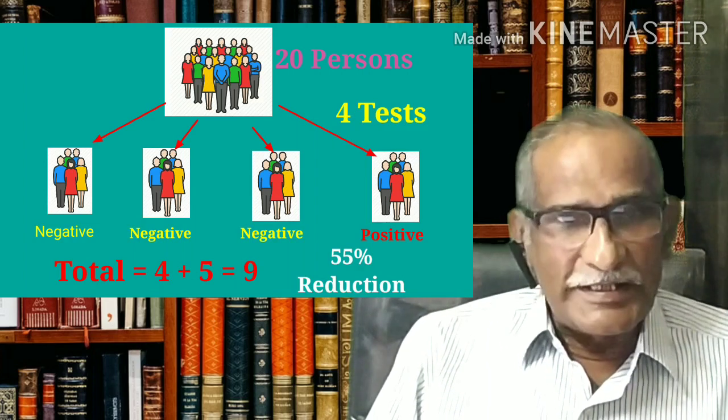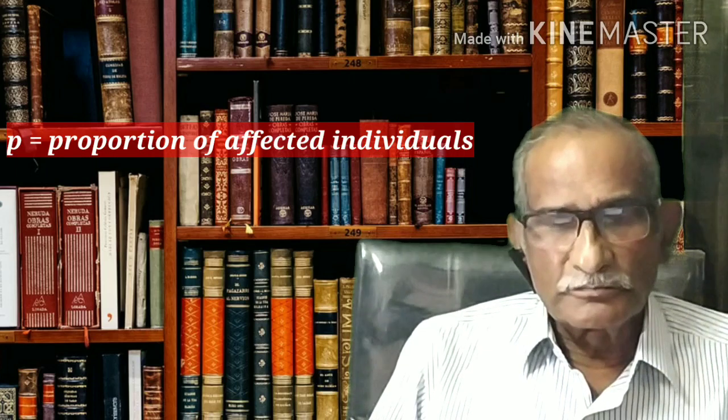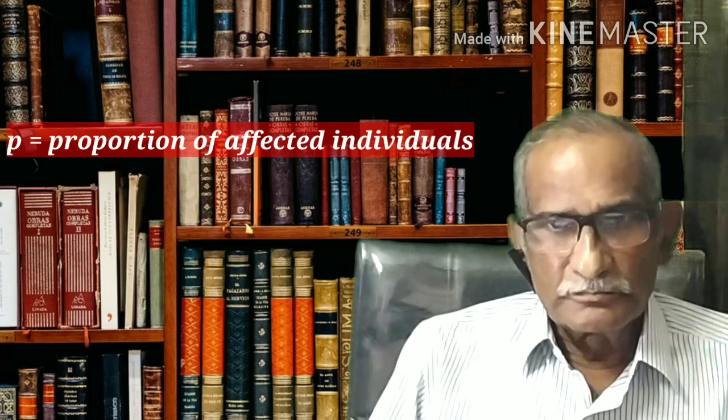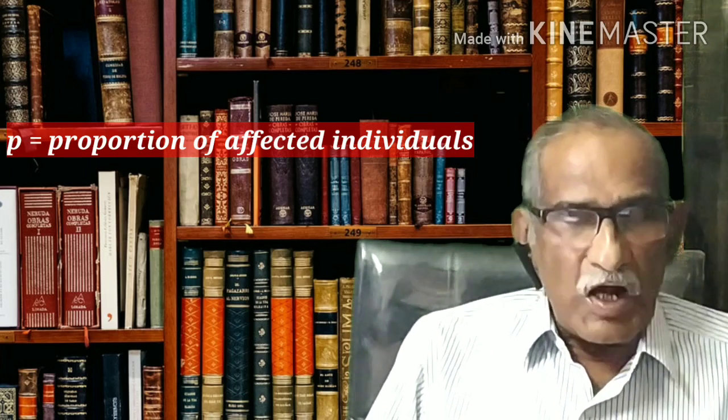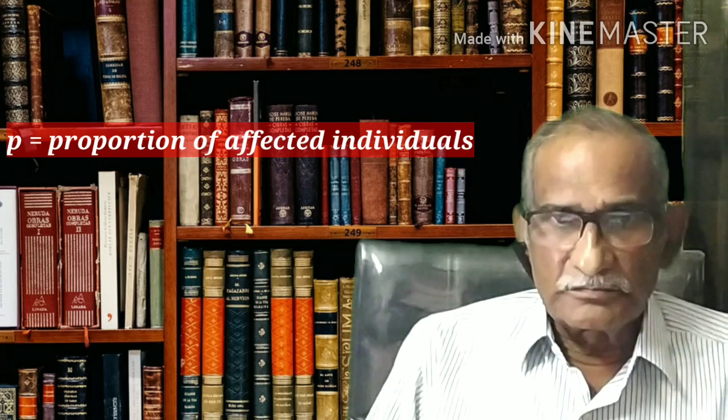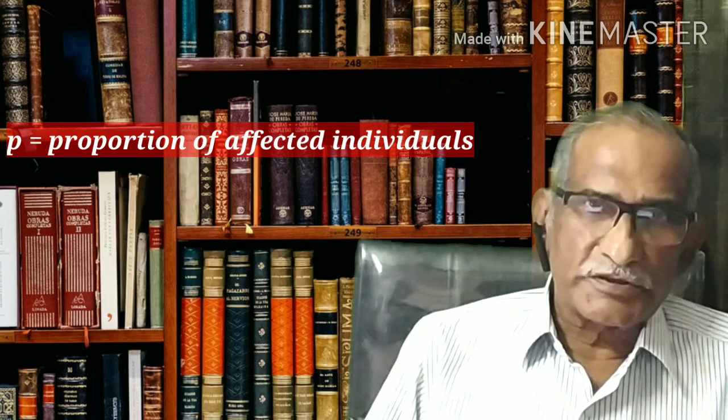A general method for the optimum solution for such situations can be found in this way. Suppose that p is the proportion of affected individuals. We have to find the optimum group size for mixing the samples.